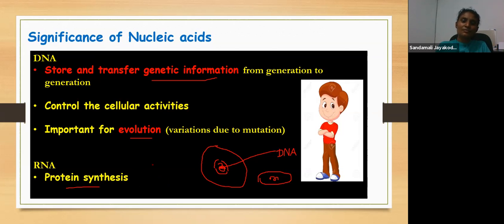And different biological reactions like food digestion and synthesis of different biological molecules in our body, each and everything is carried out under the influence of enzymes. Enzymes are proteins. These proteins are produced by this RNA. In that way, they control our cells.